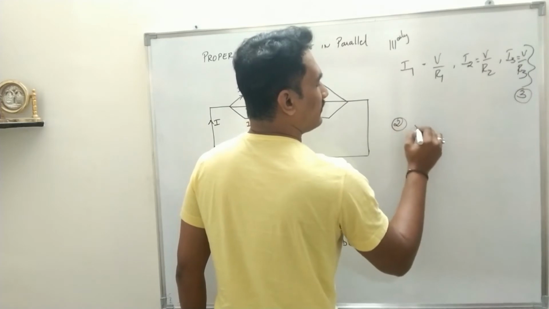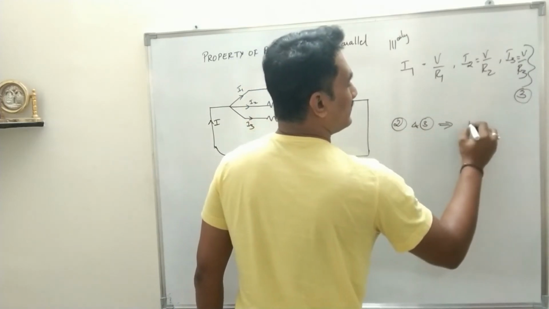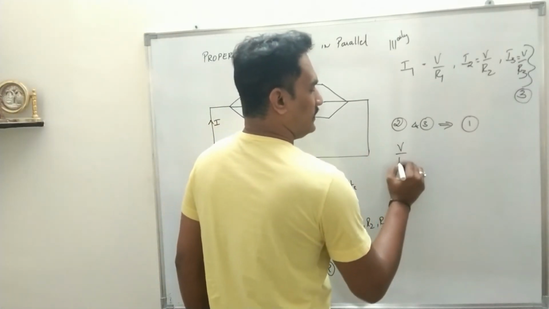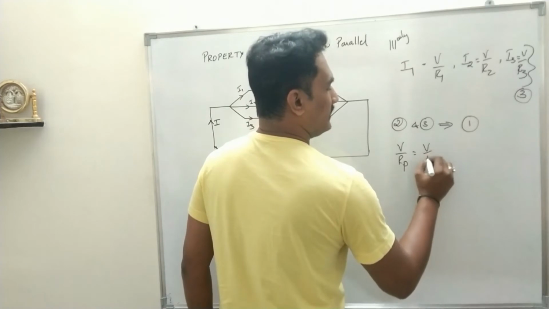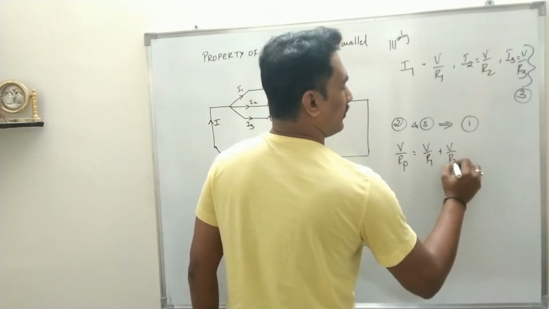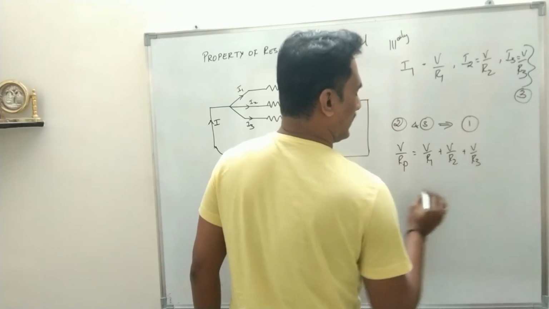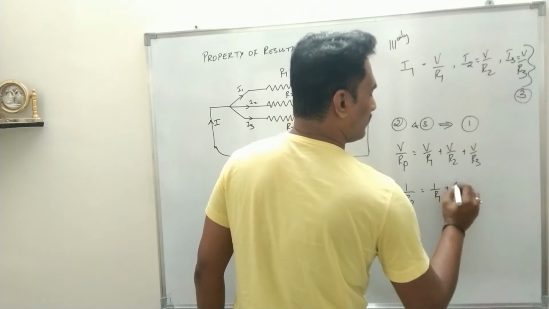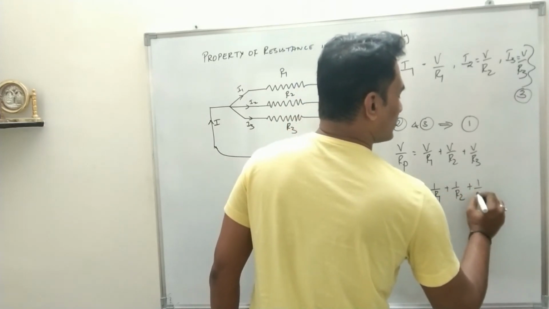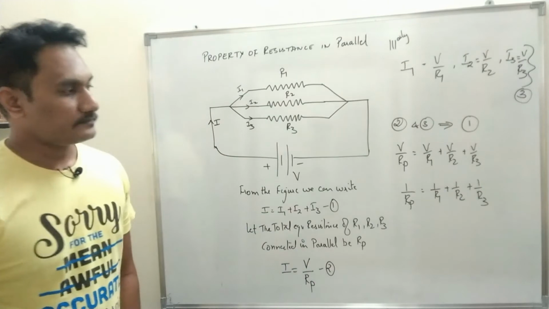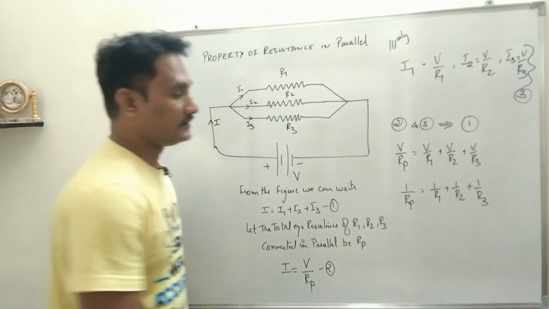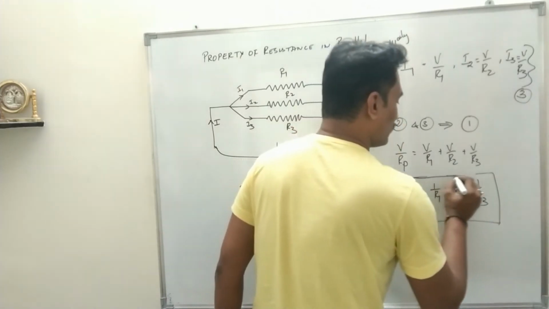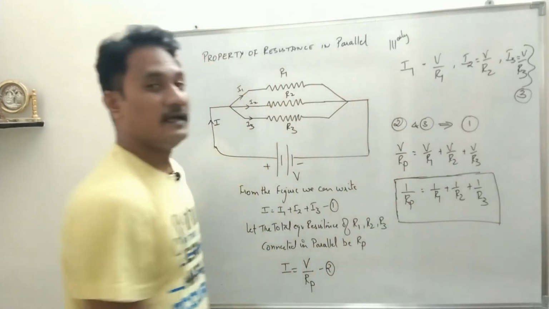So substituting the value of 2 and 3 in equation 1, we get V upon Rp is equal to V upon R1 plus V upon R2 plus V upon R3, or we can write 1 upon Rp is equal to 1 upon R1 plus 1 upon R2 plus 1 upon R3. So this is the formula for total equivalent resistance when the resistances are connected in parallel.